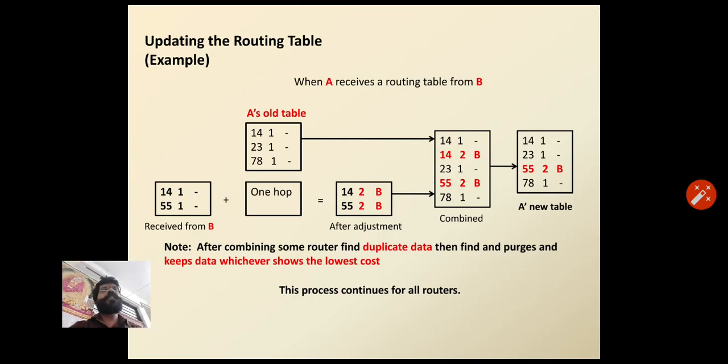This process continues for all routers until there are no changes in any tables. After updating this information at each and every node, we get the final routing table.